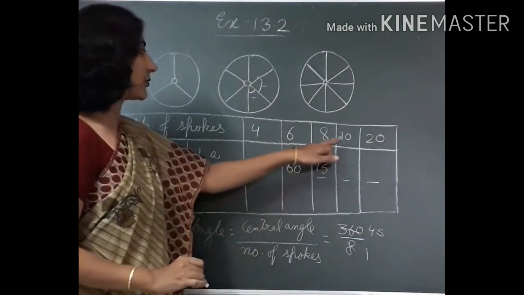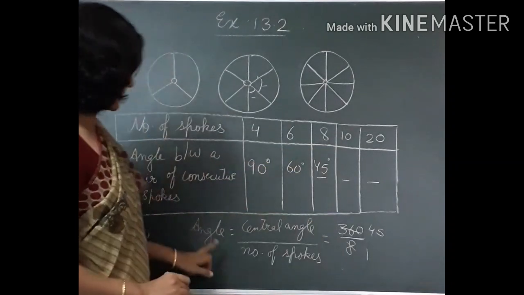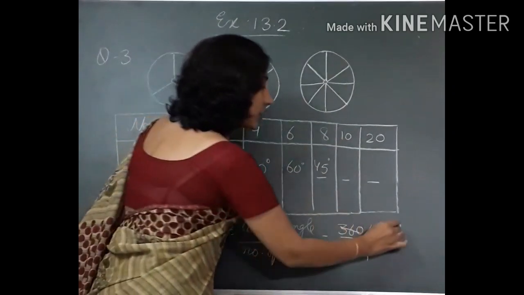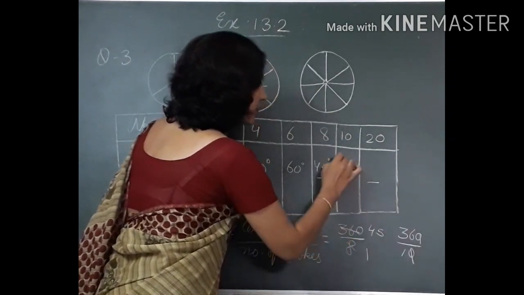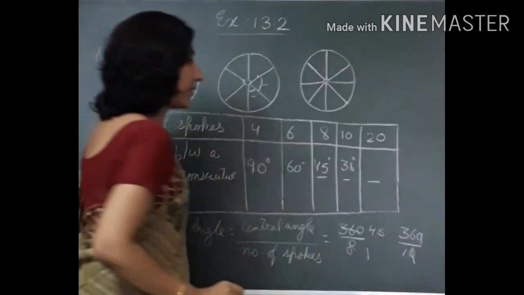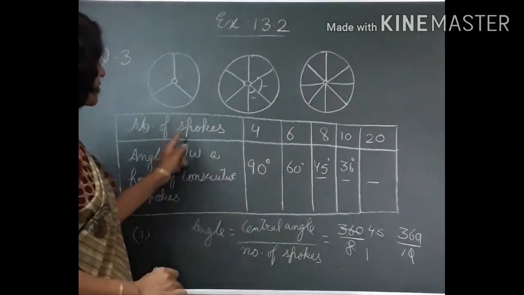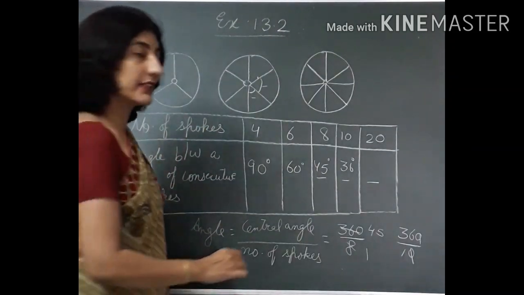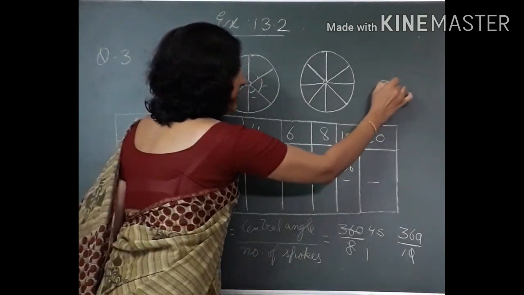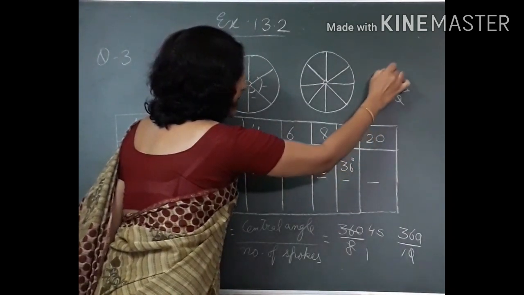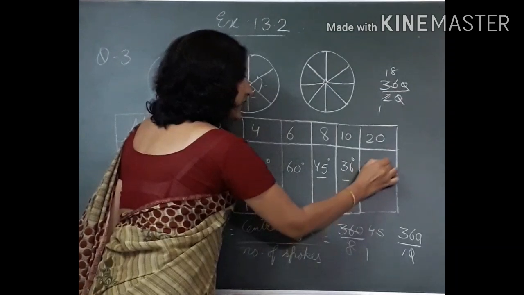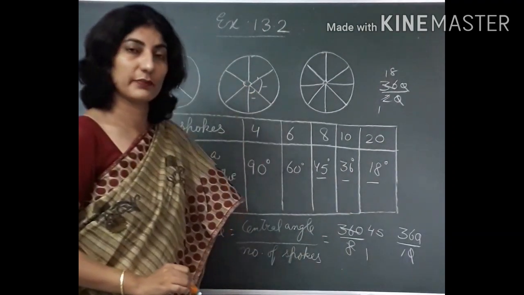Then when the number of spokes is 10, the angle between the consecutive spokes, 360 divided by 10. 0, 0 cancel. What will come? 36 degree. Similarly, for the last one, when the number of spokes is 20, 360 divided by 20, 0, 0 cancel, 2 ones are 18. So the angle between a pair of consecutive spokes will be 18.